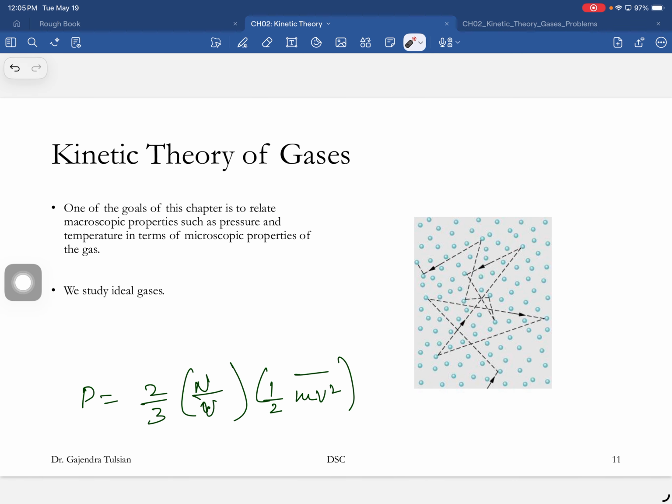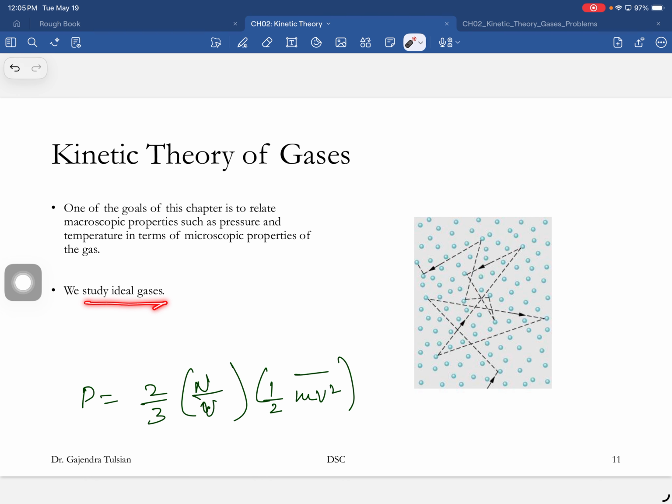Okay, so this is the big deal, I guess. Here is a macroscopic quantity, something that you can measure using a handheld instrument, and you're relating it to something that you cannot see. You're going to relate it to the microscopic property of the gas. And that's the kinetic theory.